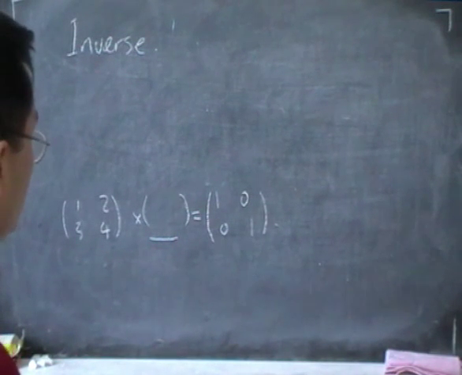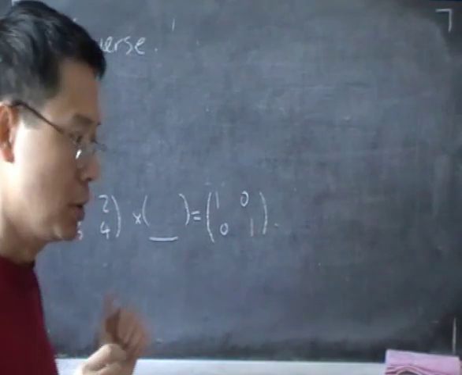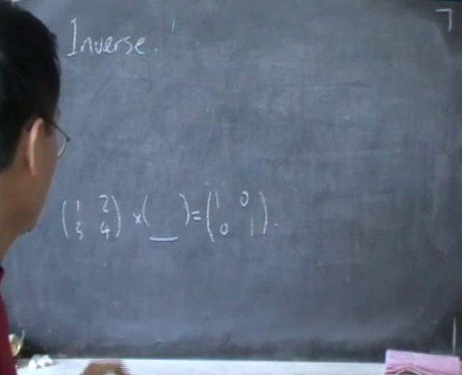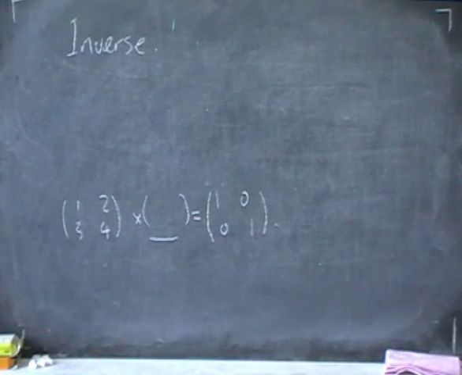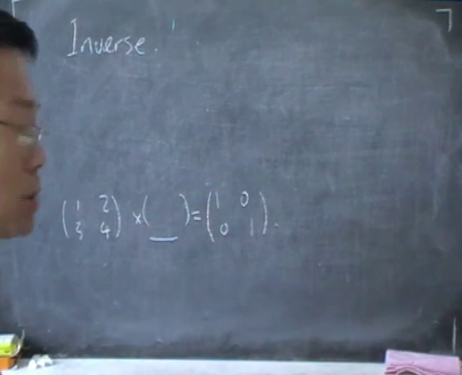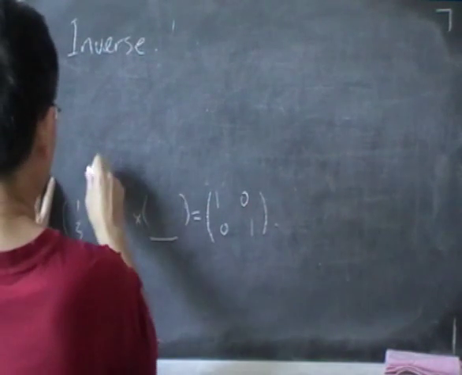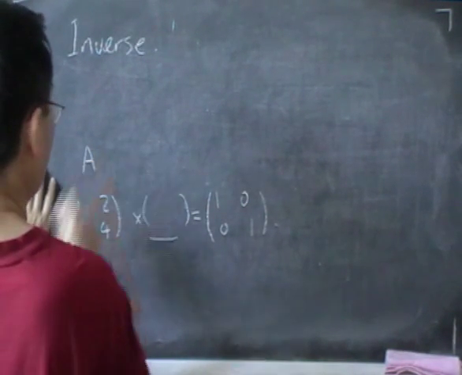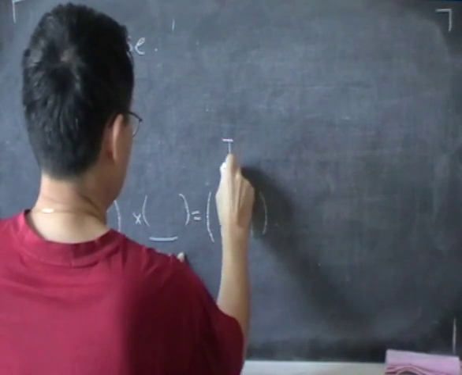Now, to make it easier to write down the formula, I'm going to make up some notations to represent these matrices. Usually, we use a capital letter to represent a matrix. So I might call this matrix A. And the identity matrix is often represented by the letter I.